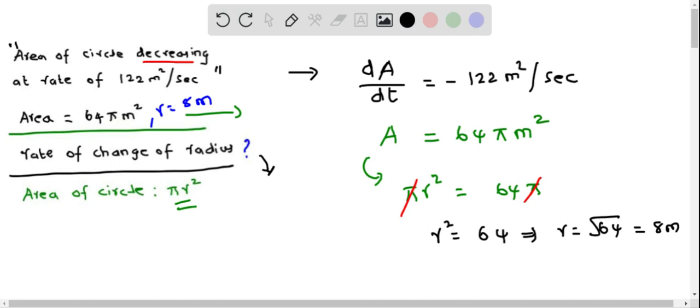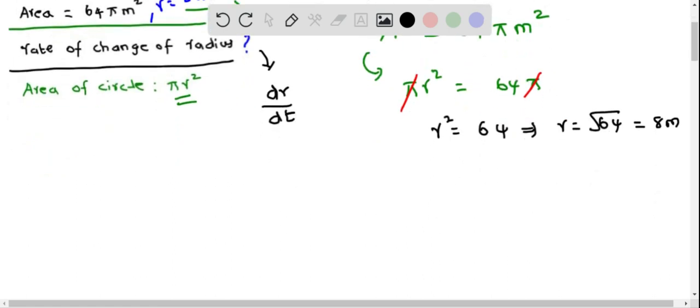So the mathematical equivalent of this is basically we have to find dr over dt. To find this, once again I'm going to use the area formula, that is A equal to pi r squared. I differentiate both sides with respect to time.